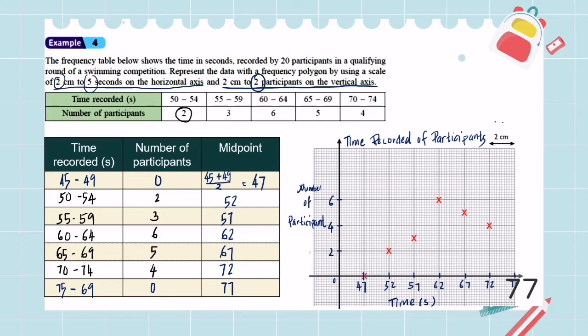And 77, frequency is 0. After you plot all the points, use your ruler to join all the points like this. Okay, so you have already drawn a frequency polygon.